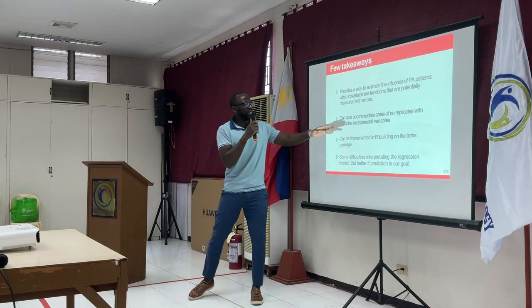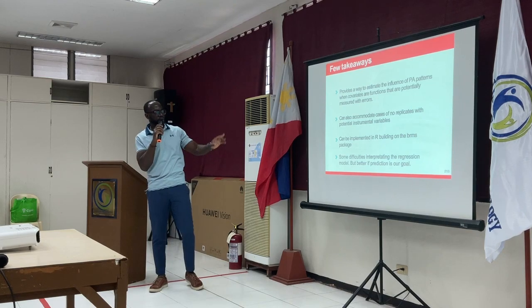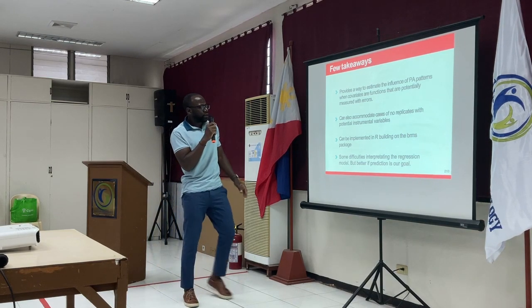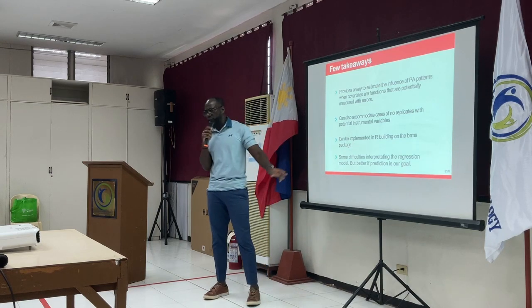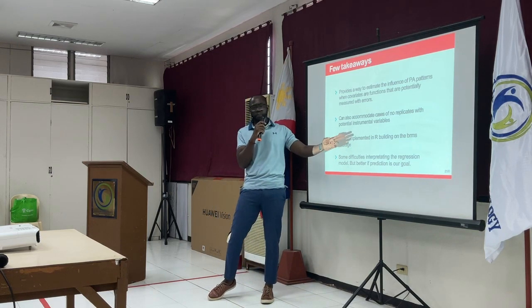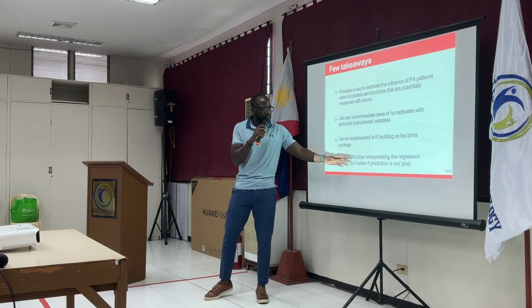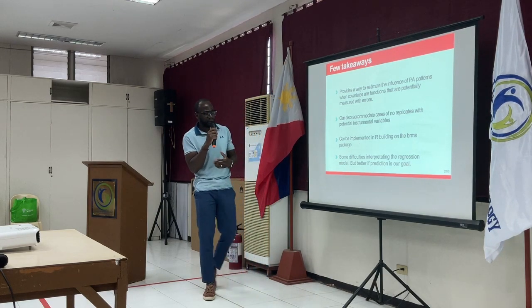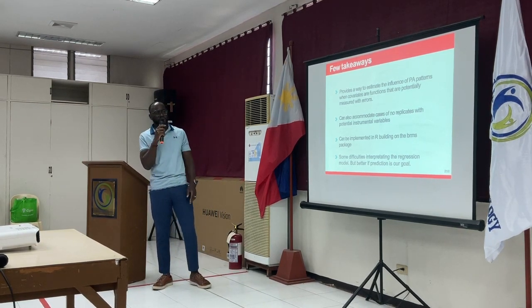We can also accommodate the case where we have a potential instrumental variable. I'm not going to get into that, but I'm happy to talk about it. The good thing is that we make this available so that people can easily implement the approach we propose. However, there is still some difficulty in interpreting the regression model, but it's better if predictions are reported. In some cases, that's really what we want to do.